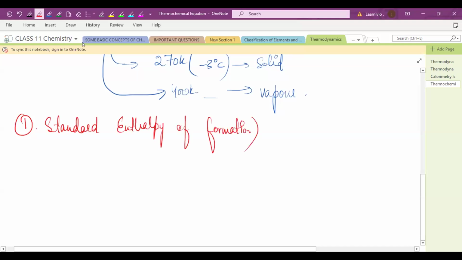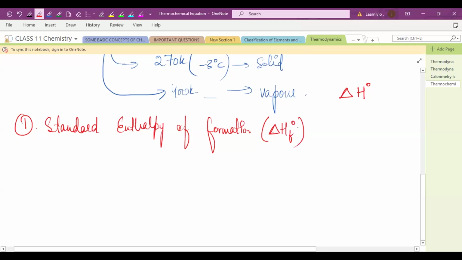Where we have put standard, here you will represent the enthalpy change as delta H, and if you are saying it is standard, you will put a naught sign over it. For example, this is the standard enthalpy of formation, so you will represent it as delta HF naught.